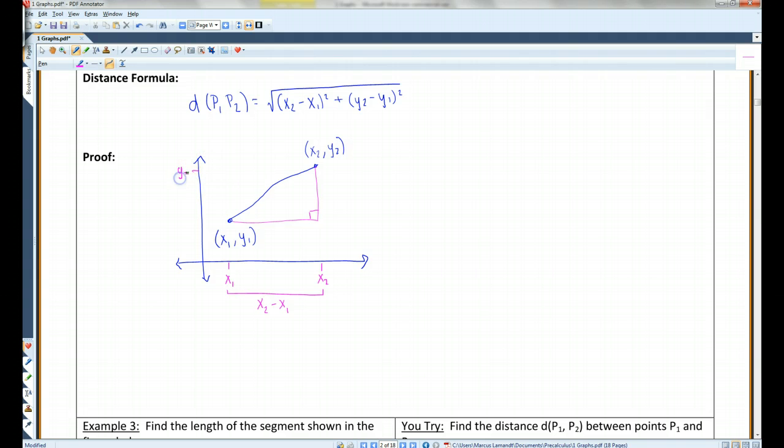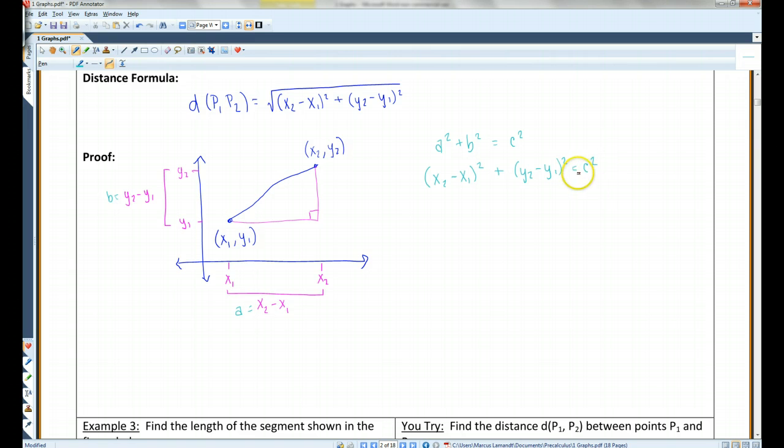If this is y2 and this is y1, then this distance is going to be y2 minus y1. So if you think about it, this is like my A and this is like my B. So I have a squared plus b squared equals c squared. My A is x2 minus x1 squared, and my b is y2 minus y1 squared.